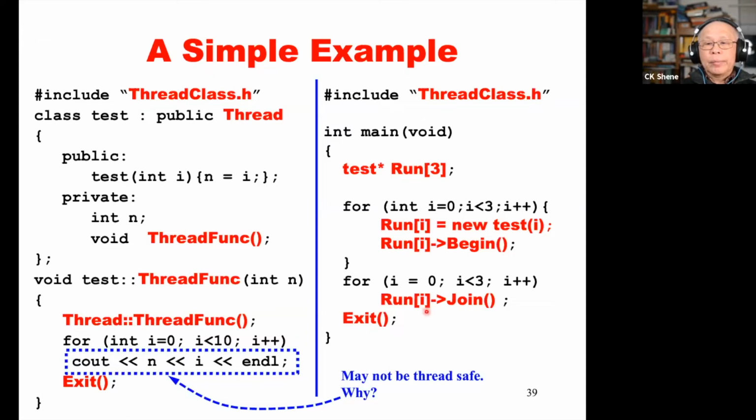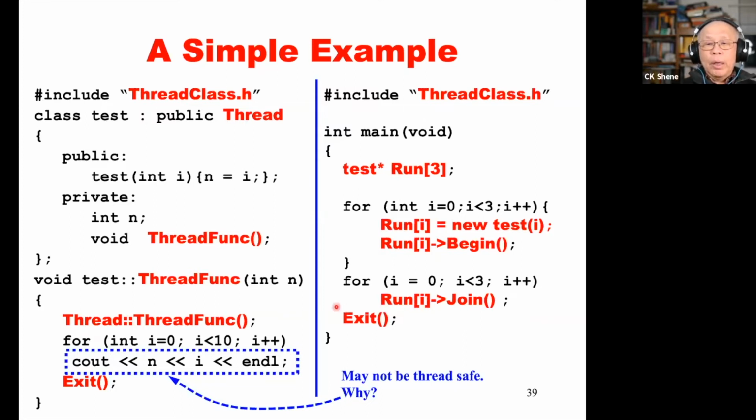So here, we wait for the run 0 thread to complete. We don't know whether run 0 has completed or not. But anyway, if run 0 has completed, this join call serves no purpose. You just go back for the next i. Now, if run 1 is still running when the main program calls join, the main program will be blocked.